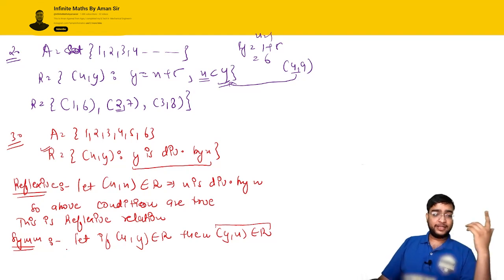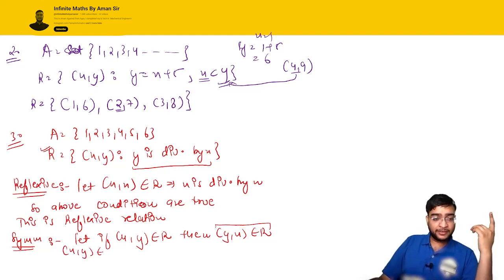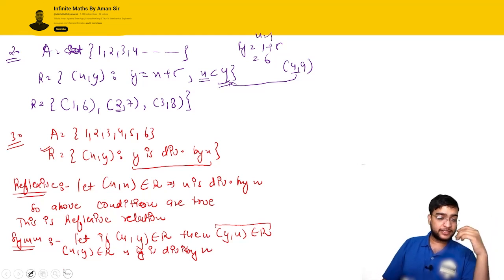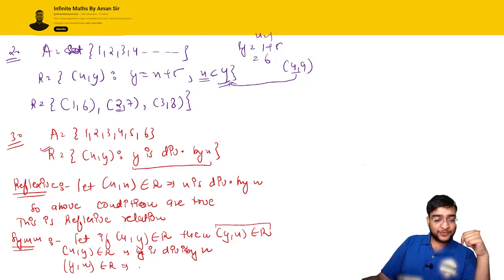If x comma y is in the relation, then by the condition y is divisible by x, not x divisible by y. For y comma x to be in the relation, it must be that x is divisible by y. Does this hold true?